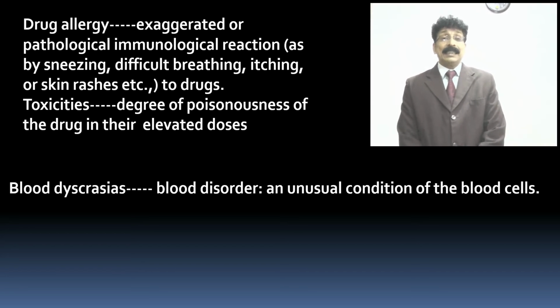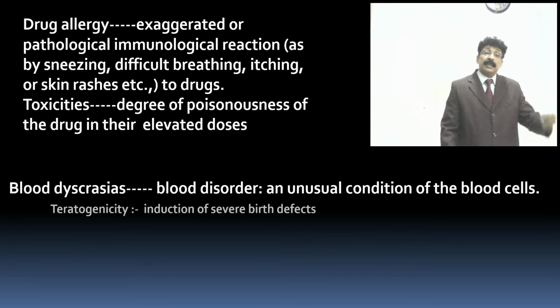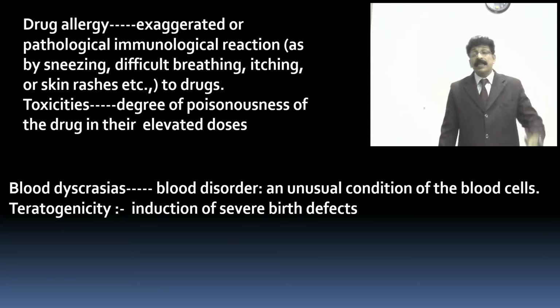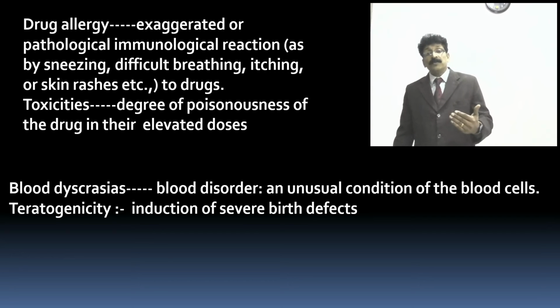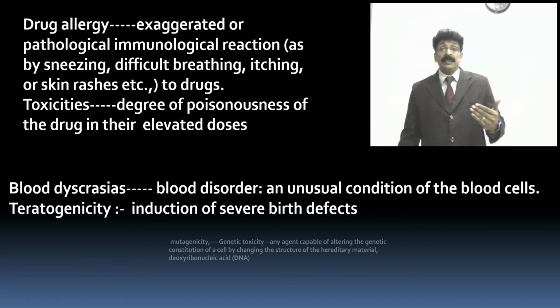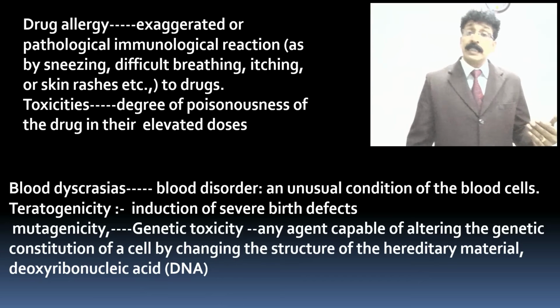Blood disorder, an unusual condition of the blood cells. Teratogenicity, induction of severe birth defects. There is an adverse effect, induction of severe birth defects caused in a patient, and it is called teratogenicity.